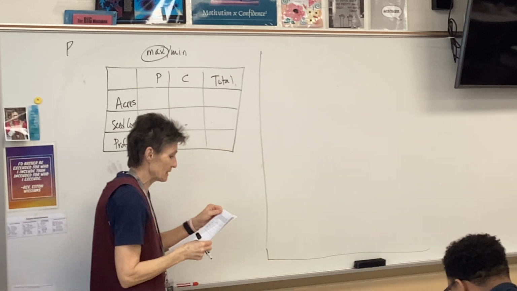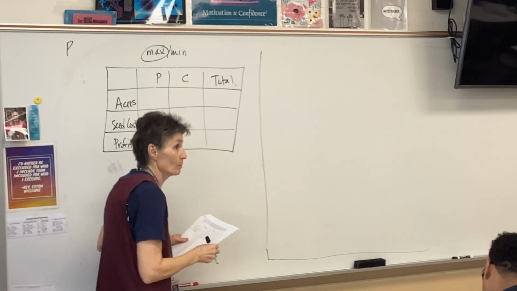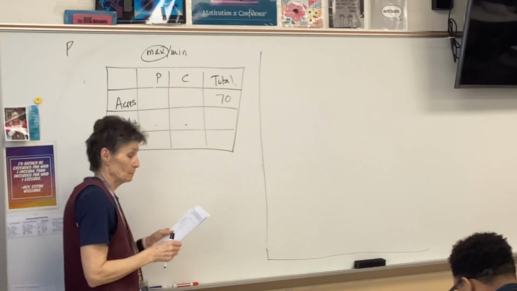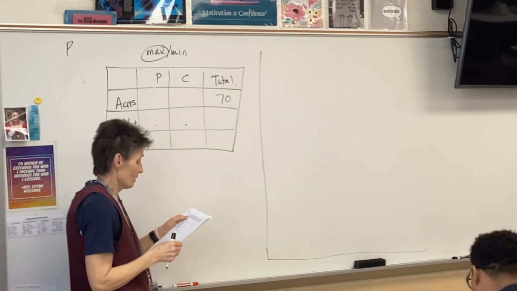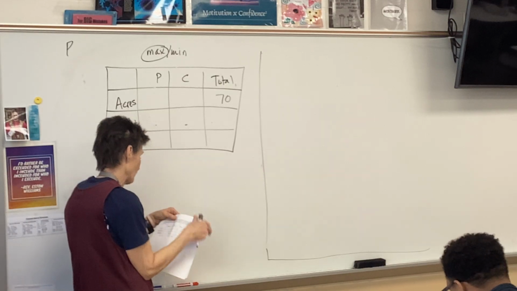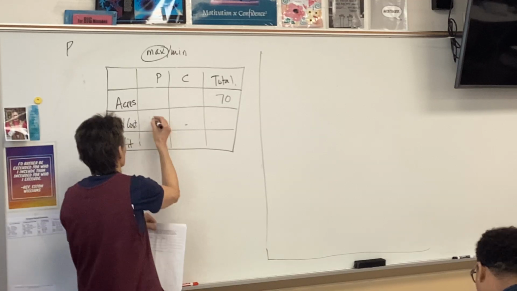What do I do with the 70? Acres total. I got 70 acres total. The seed for potatoes costs $20 an acre. What did I do with the 20? Seed cost for potatoes.